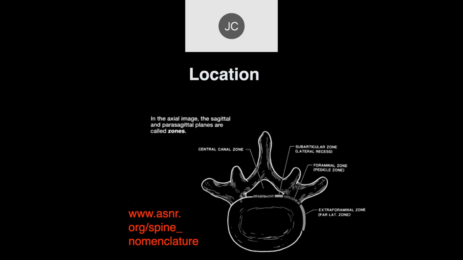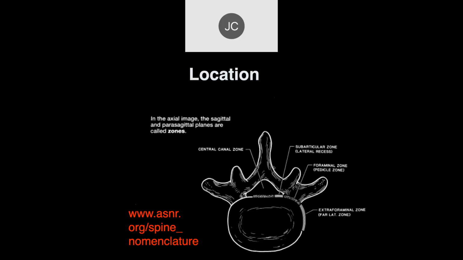Okay. And then in the axial plane, there's the central zone, subarticular zone, foraminal zone, and the extraforaminal zone. That's what they recommend. Now, in the radiology literature, most of the time it's central, lateral recess, which is this area in here, pedicle zone, which is this area there, and the far lateral zone out here.